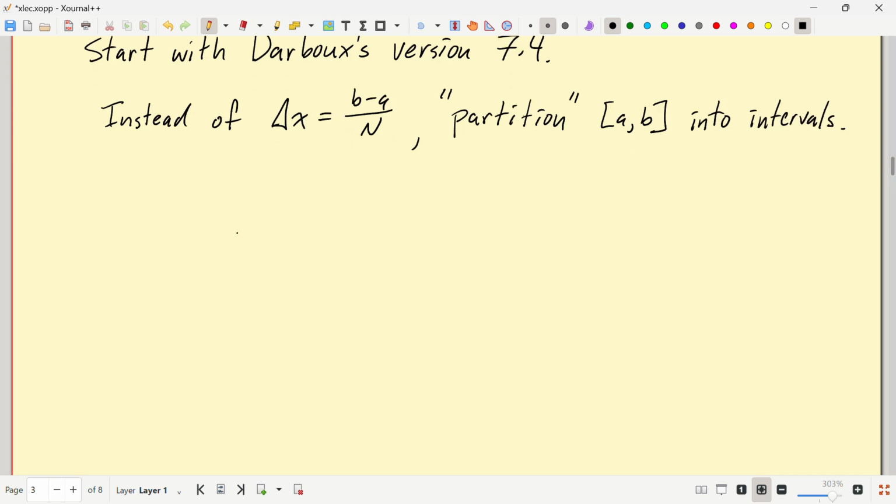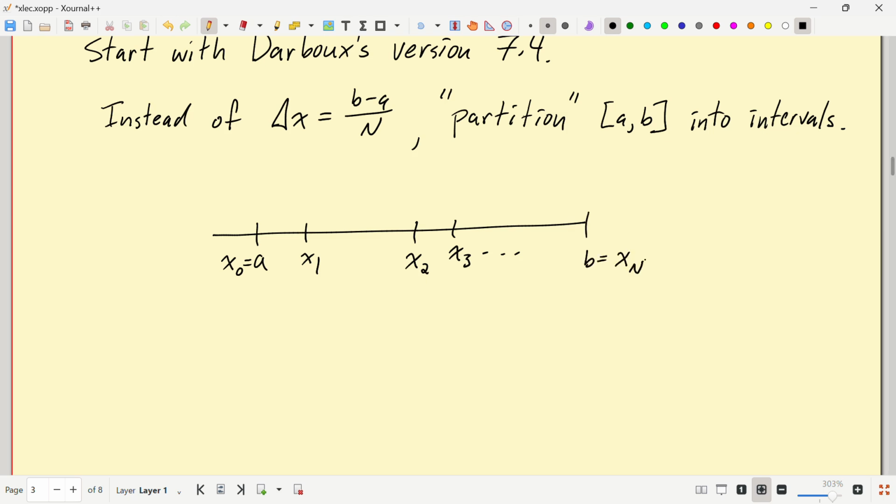Okay, so a partition is going to be, let's make a be x naught, and then we'd have x1. Then we might have a long one to x2, short to x3, dot, dot, dot, and b would be equal to xn, the last one. And that's going to be a partition, which I'll call script P.